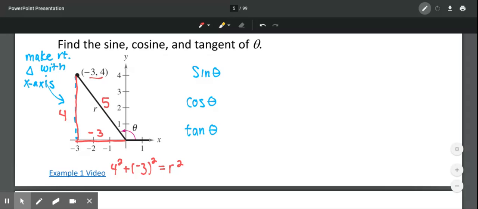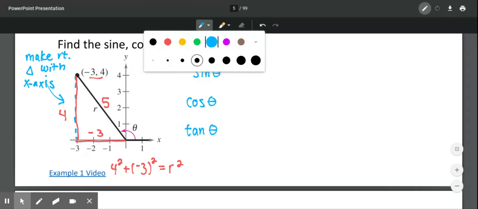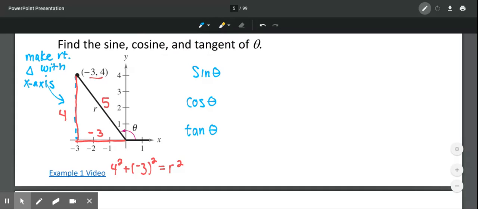So you're going to have to use the Pythagorean theorem to find that third side of your triangle. And then once you have the three sides, we're talking about this angle measure right here. It's the same as this one, right? They're supplementary because they add up to 180, so it will all work out for us.